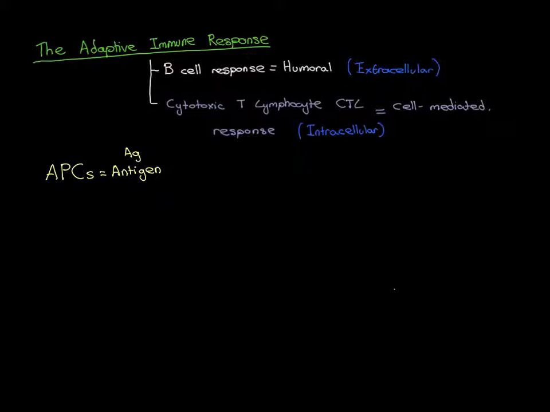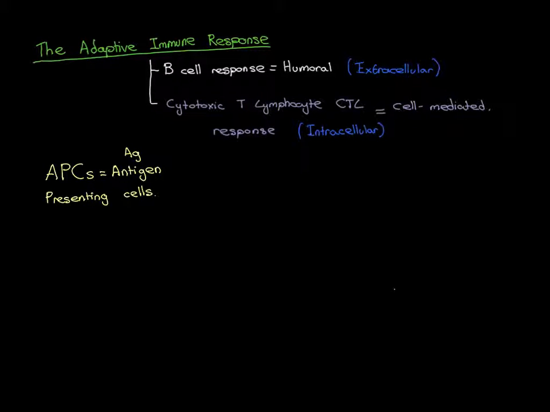All the proteins of influenza virus, not just hemagglutinin and the neuraminidase, the other proteins as well, M1 proteins, M2 ion channels, non-structural protein 2, all of them, they're all antigens. They can all have adaptive immune responses initiated against them. So A is for antigen, P is for presenting, and C is for cells. So these are cells that are going to activate T cells. They're going to activate the adaptive immune response.